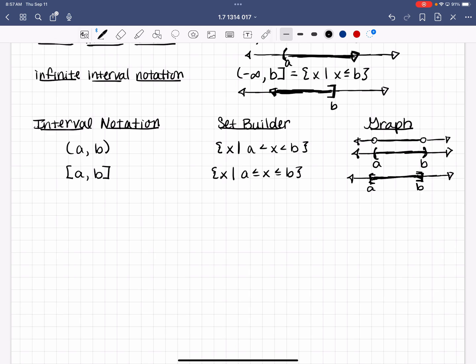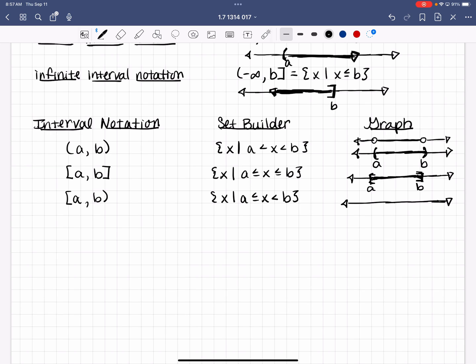Now, you can have it half open, half closed. So I'm going to use, let's say, closed on A, open on B. That means it's going to be equal to on A, and we're not going to have an equal to on B. So I've got X such that A is less than or equal to X is less than B. That's what it says.